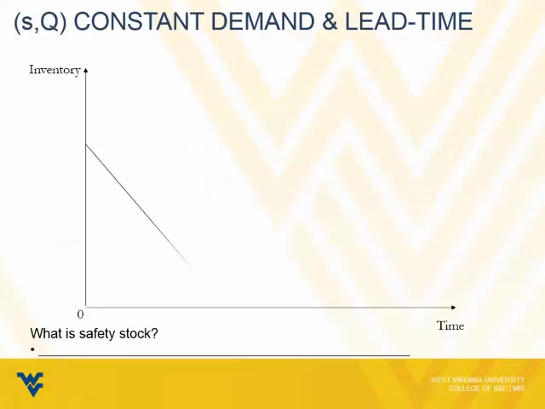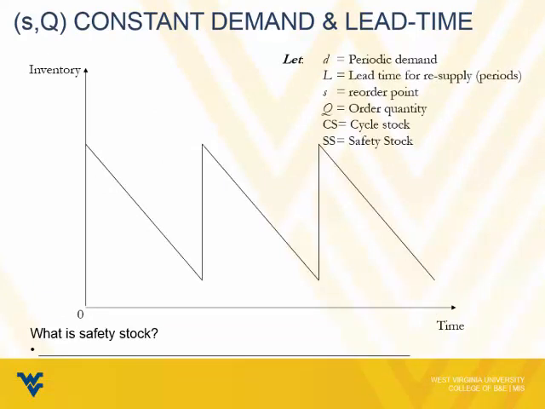So what happens is, with constant lead time and constant demand, you have an order of Q that is placed, and because demand is constant, with time, you're going to have a steady decline in your inventory.